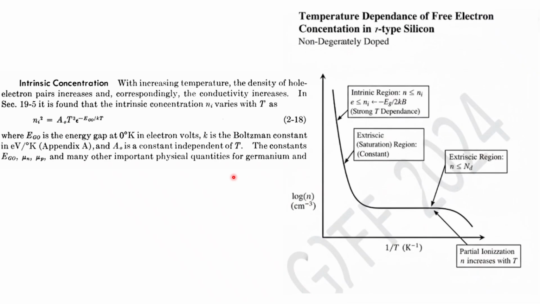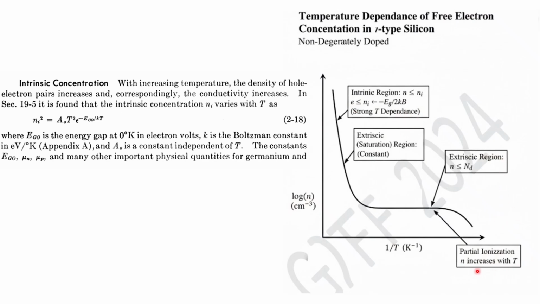Okay, so now if you put in values of T, either very high, very low, or mid values like the temperature of 25 degrees Celsius or 300 Kelvin, we can have three different regions. If you put in the values here, then the y-axis is the same, log of n, and the x-axis is 1 by temperature, and you will find three different regions, right?